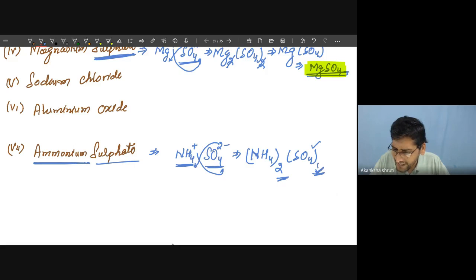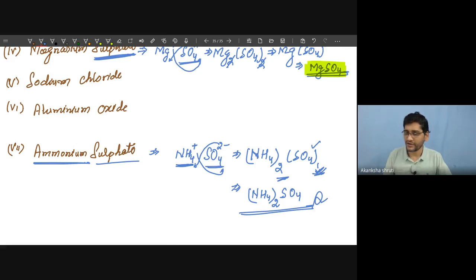But for the 1 at the end of SO4, this bracket can be left. For NH4, the bracket has to be maintained. So it is (NH4)2SO4. Only this much is the answer. Keep in mind, if the suffix is more than 1, you cannot leave the bracket.